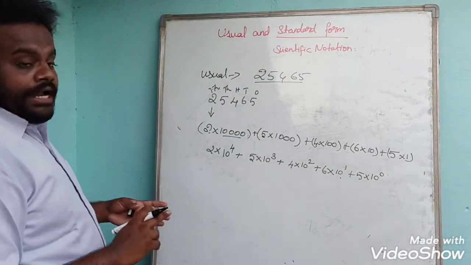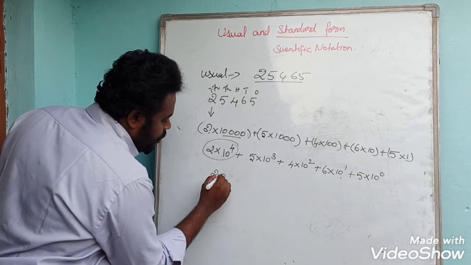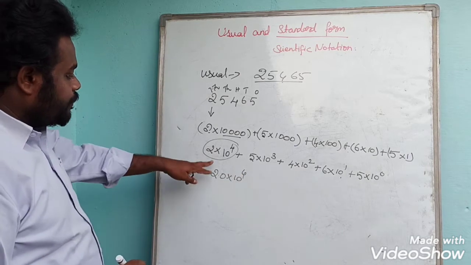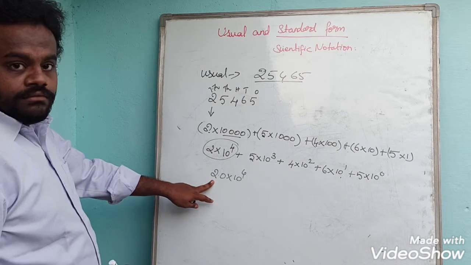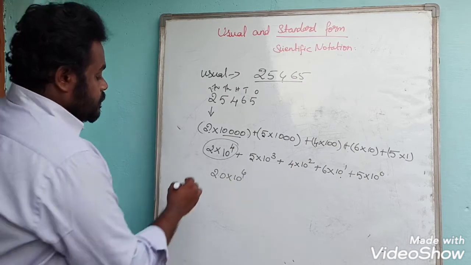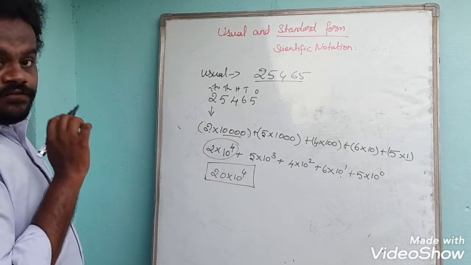We have to write in this method. For example, 2 can be written as 2.0 into 10 to the power 4, and the value is 20,000. So this is the method to write values in scientific notation.